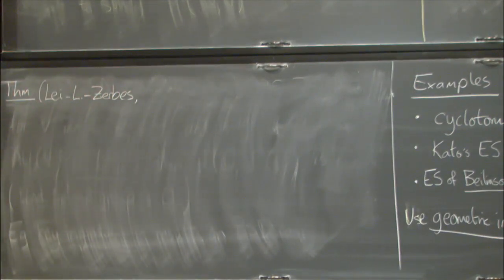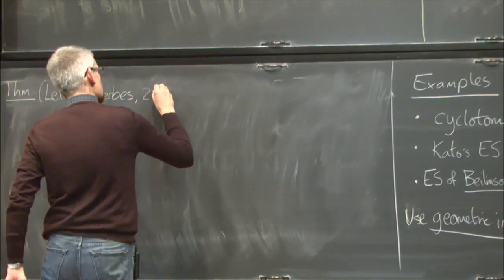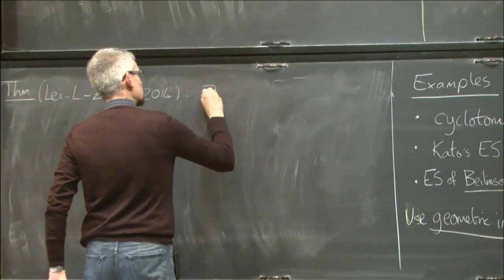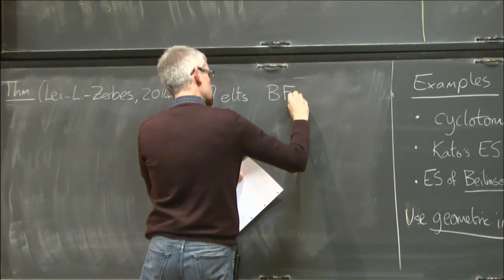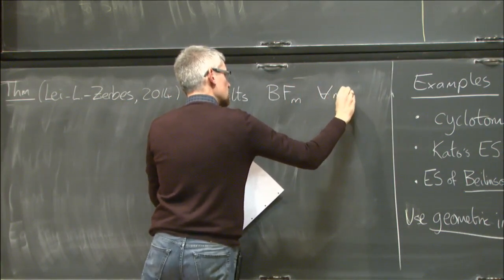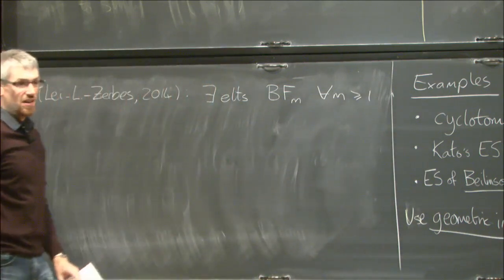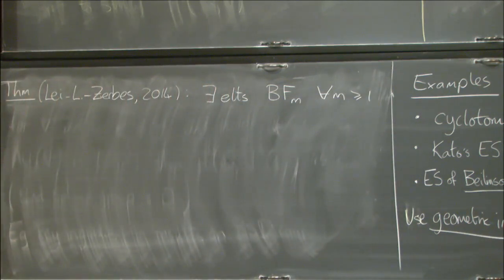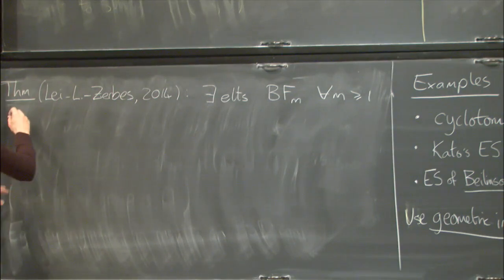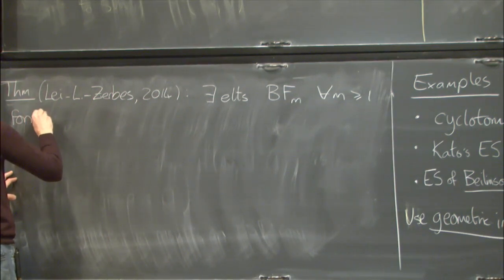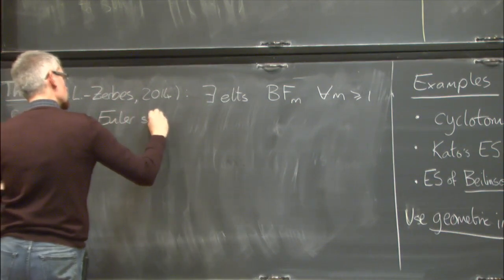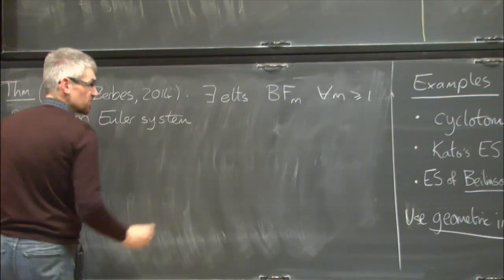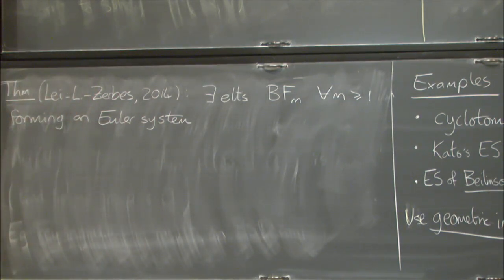A theorem due to Antonio Lei, myself, and Sarah Zerbes from a while back now, 2014: there are elements BF_m for all m greater than or equal to 1, extending this, and satisfying the Euler system norm compatibility relations.